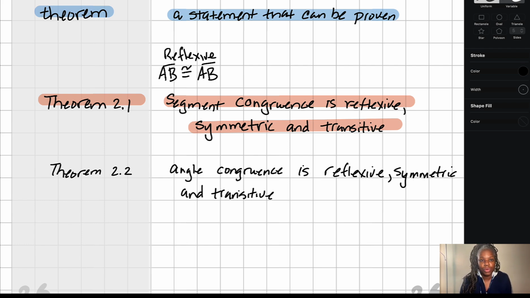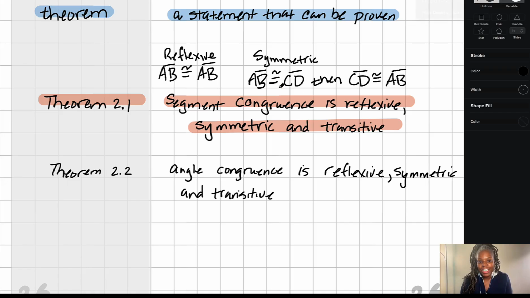Segment AB is congruent to segment AB, and that would be a reflexive relationship.